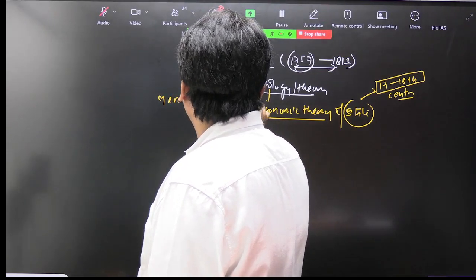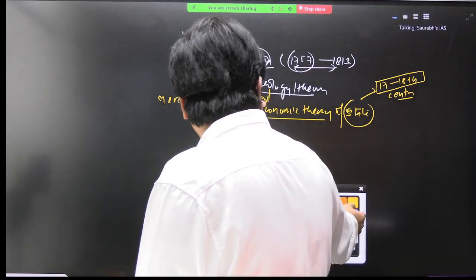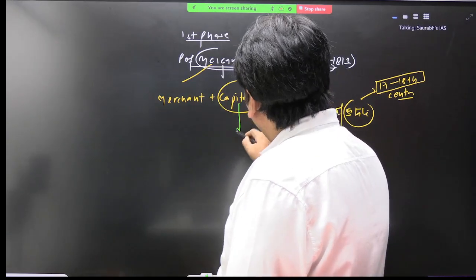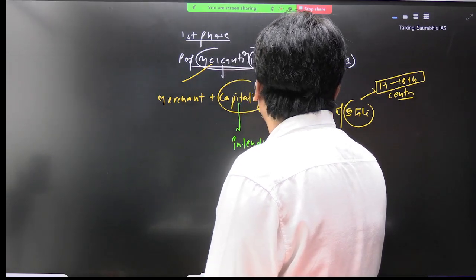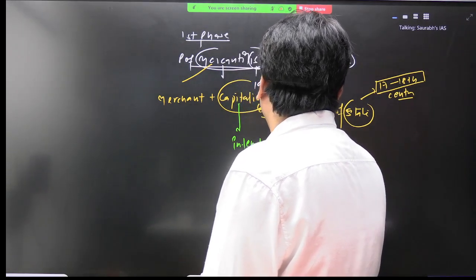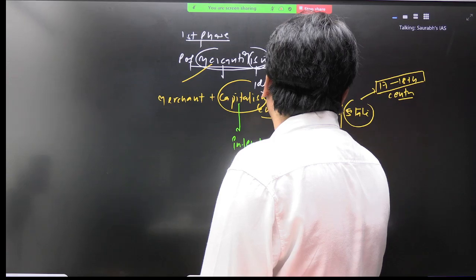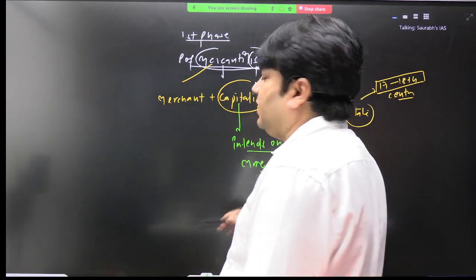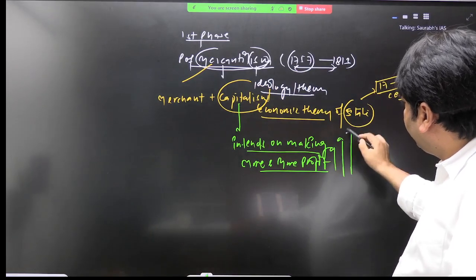So capitalism focuses where? Capitalism intends on making more and more profit. That is capitalism. What is the focus in capitalism? Profit making.